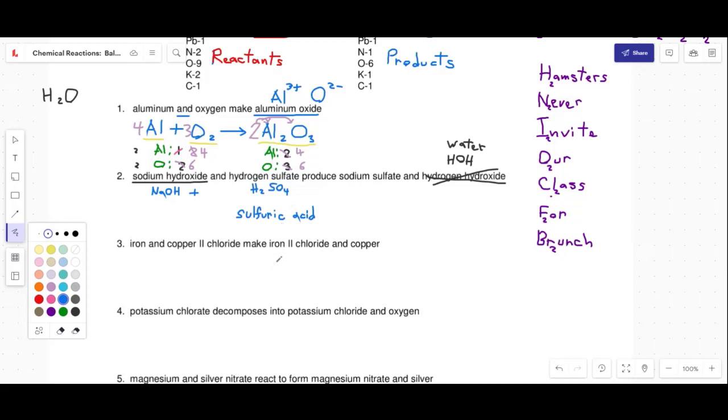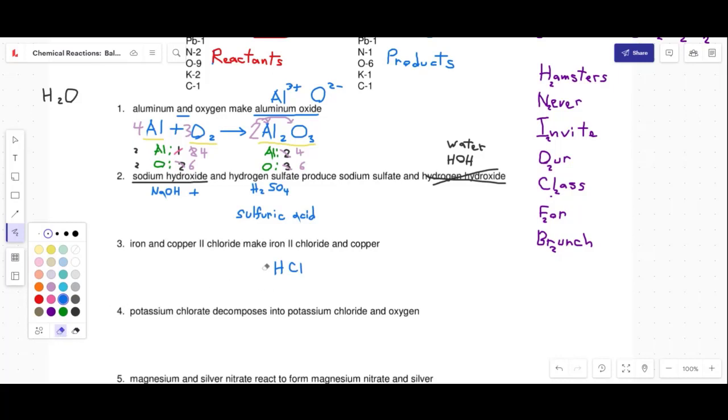If it's not dissolved in water, like HCl gas, you would call that hydrogen chloride gas. So once again, hydrogen acts kind of like a metal. I don't say monohydrogen or hydrogen monochloride. I don't use the prefixes.